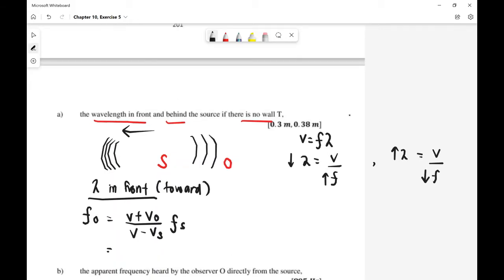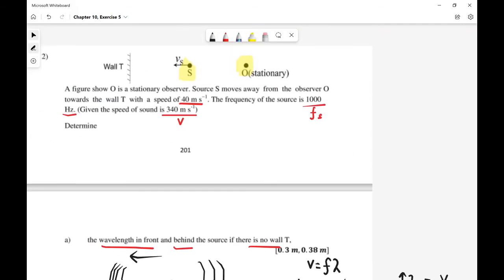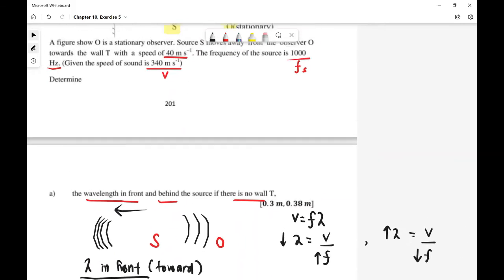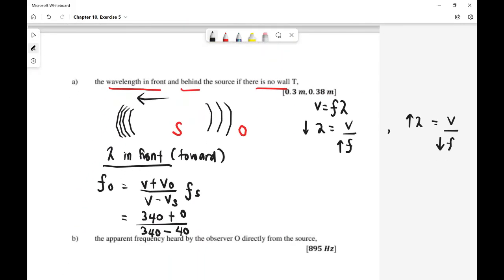Alright, then substitute V is 340. Observer does not move, so VO is 0. And then VS is speed of the source. Dia gerak kan? Dia gerak dengan 40 meter per second. So ini VS akan jadi 40 times Fs is 1000.